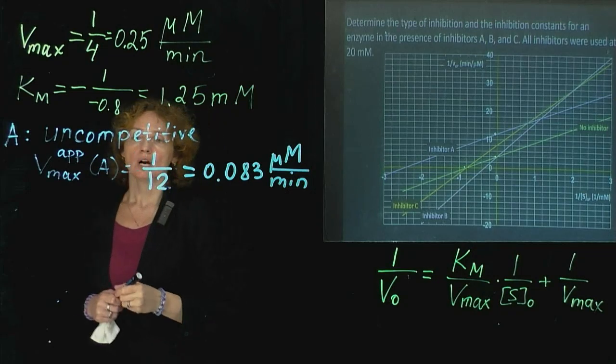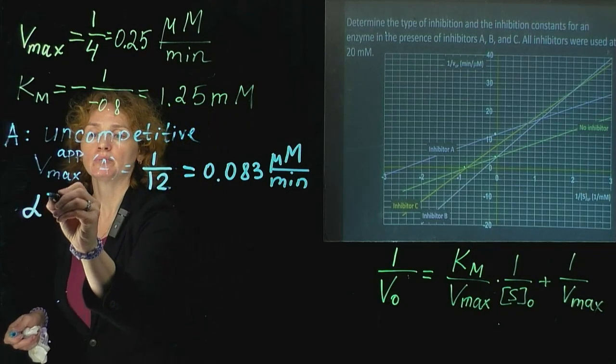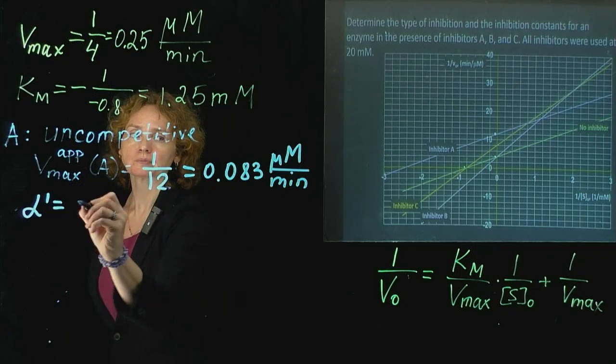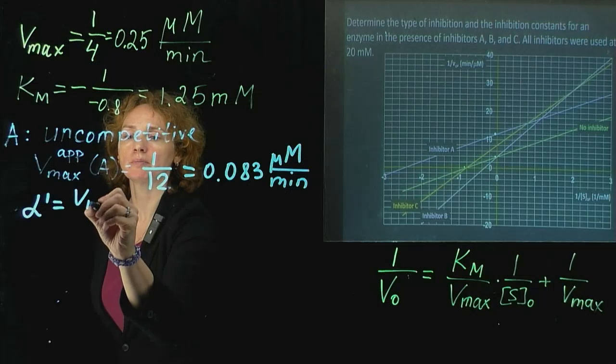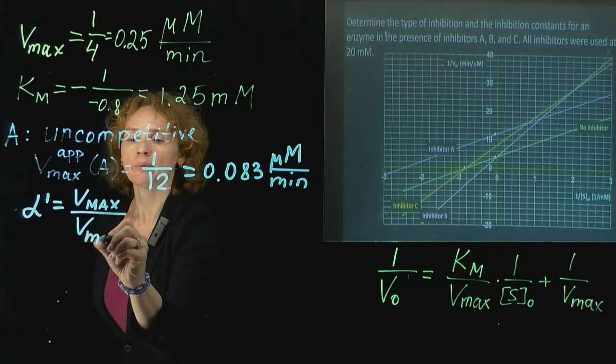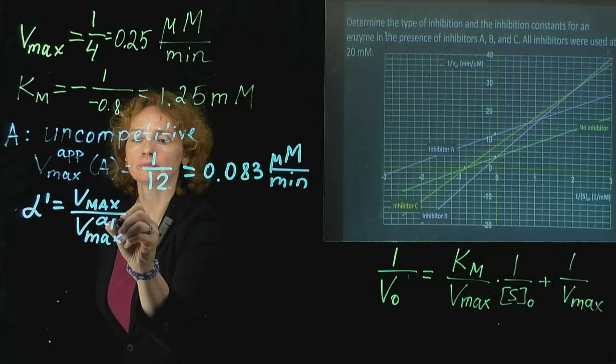So now we need to determine alpha prime, which is the ratio between the maximum velocity in the absence of inhibitor and the apparent maximum velocity.